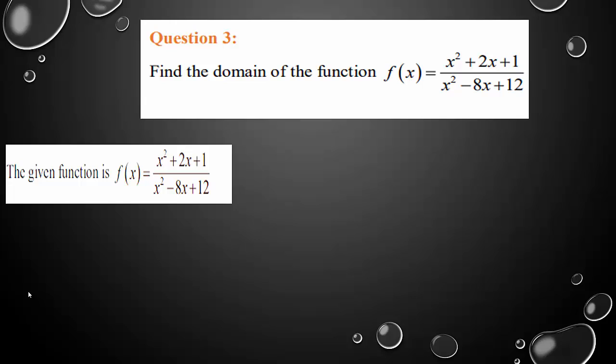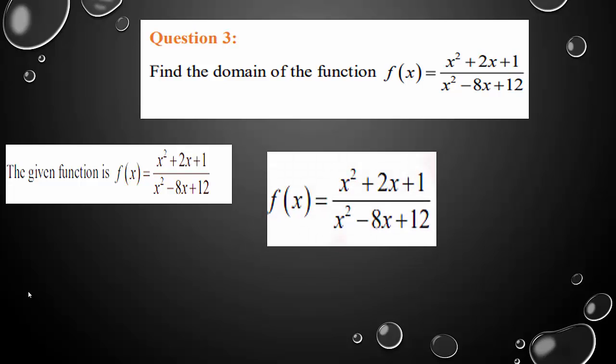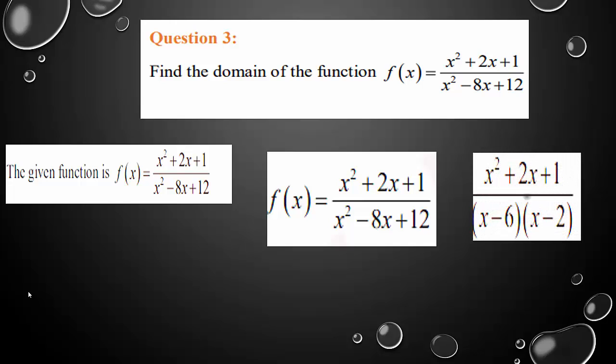Okay, this is the given function f of x equal to x square plus 2x plus 1 divided by x square minus 8x plus 12. Now I have to solve x square minus 8x plus 12, because we have to find those values of x for which it is going to be equal to 0.